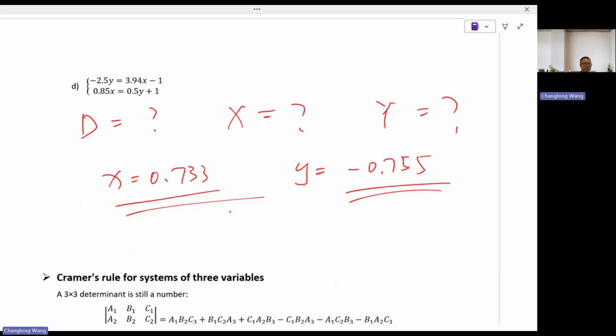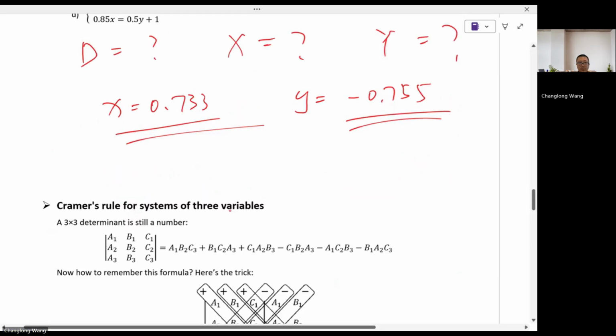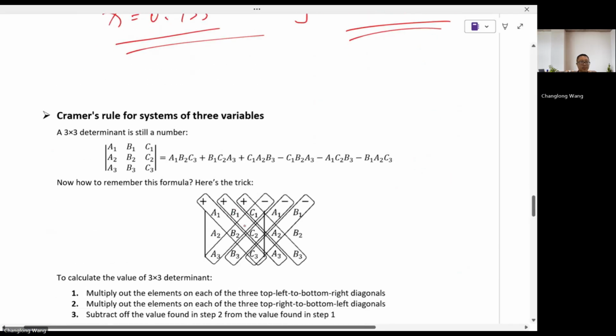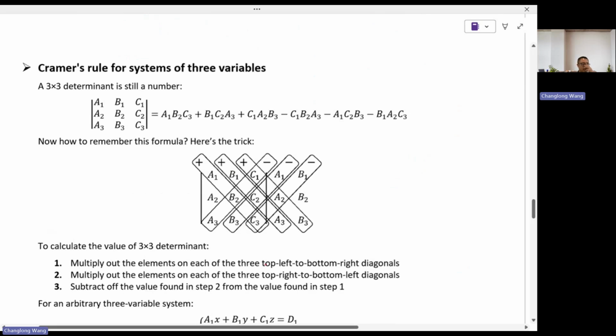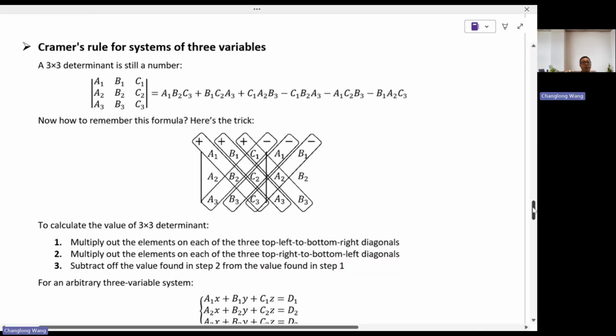All right. Now, since Ariel asks, hey, what happens if there are more equations, right? With matrices, you can deal with more than 3 equations, but when it comes to Cramer's rule, the only level we're testing you guys on in the test will be up to 3 equations.